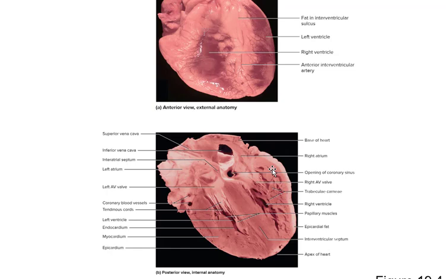Otherwise, you'd end up just ripping your lungs to pieces with the pressure of the incoming fluid. So you can always tell the left side is much thicker, many times thicker than the right side of the heart. And then here's the septum, and there's a septum between the left and right ventricle and between the left and right atrium.